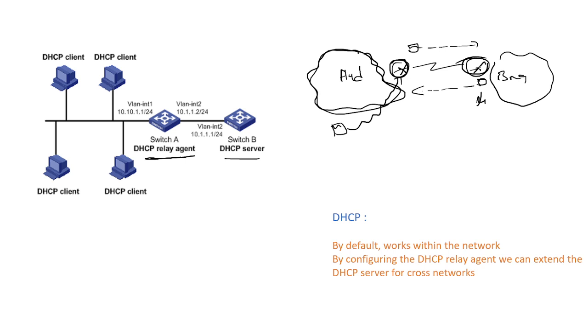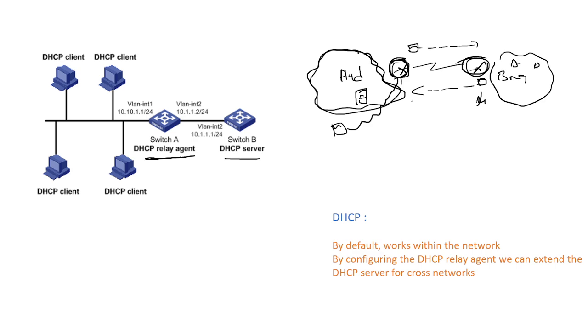Then it will convert it back and send the packet here. So the DHCP server in Hyderabad sends a broadcast packet that reaches here, and I have configured the relay agent here. The relay agent will take the information and give it to the relay configured here, and this relay will send the information to this network.